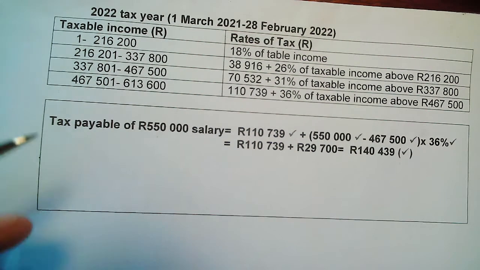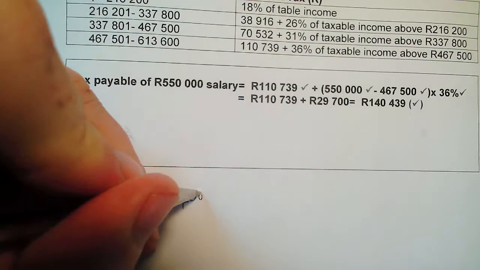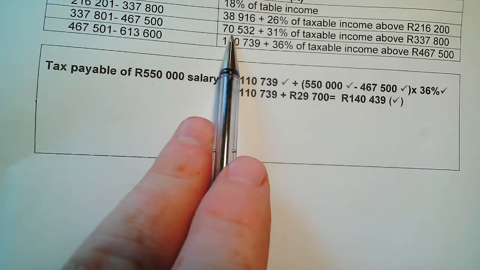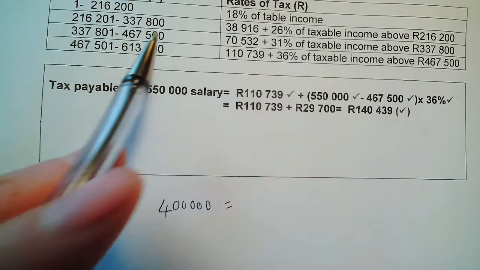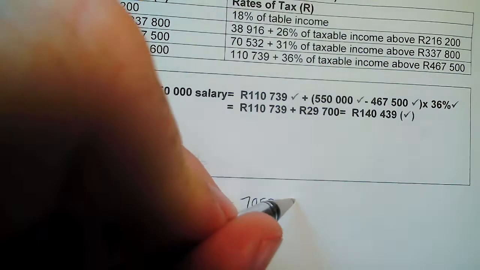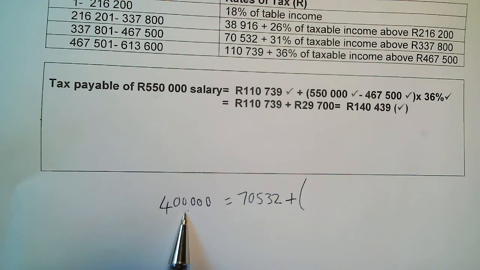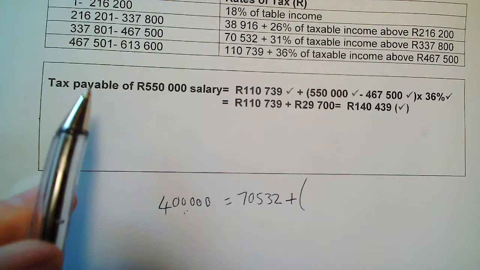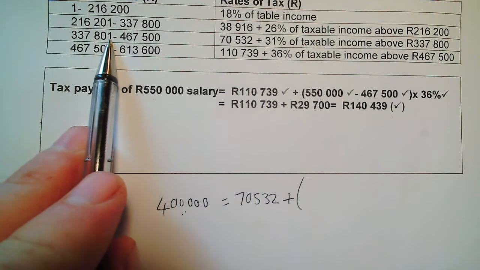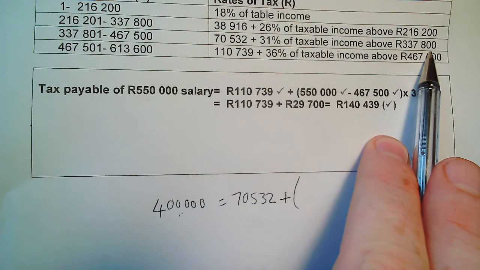So if the amount was 400,000 salary, I would have the 70,532, plus whatever this 400,000 is bigger than the 337,800. Okay, but you'll see it's not 801. I'm going to use 337,800 as the amount that I'm going to use.